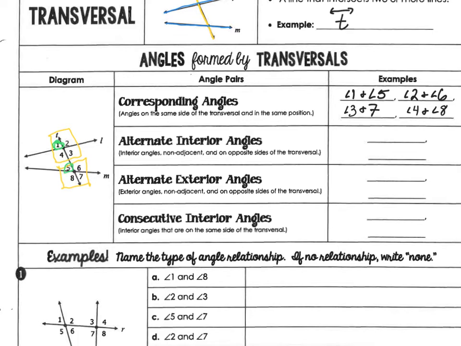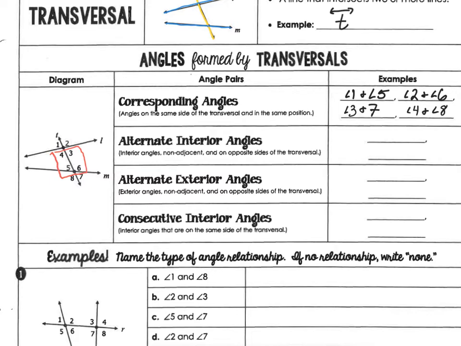All right. So I'm going to erase that part. Continue to use that. Alternate interior angles, non-adjacent and opposite sides of the transversal. So we are looking in this part right here. These are interior angles. So we want alternate, which would mean what?